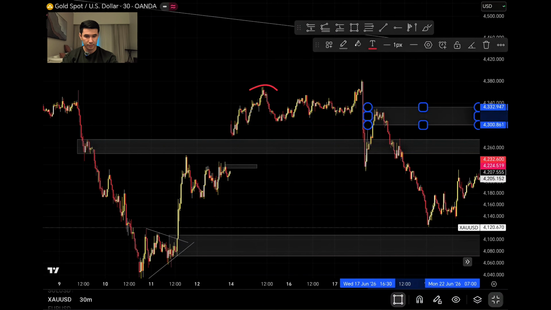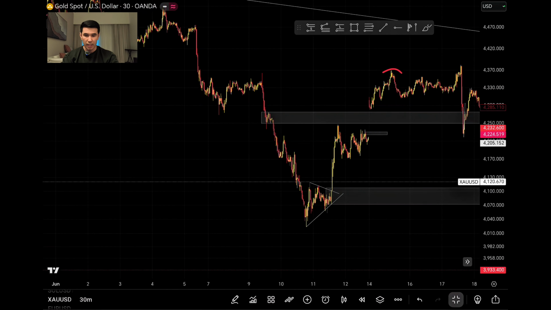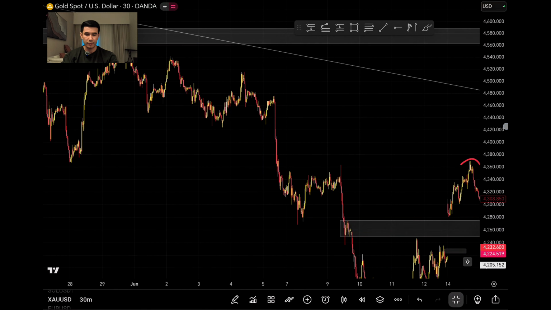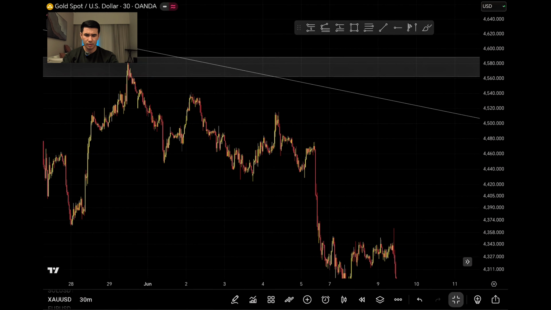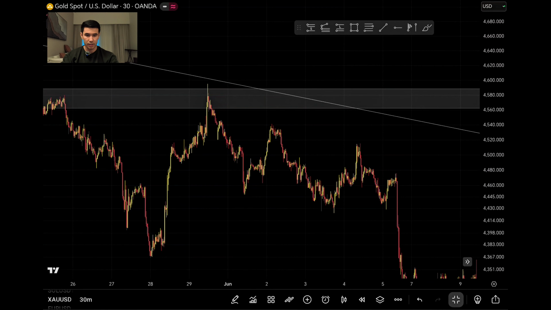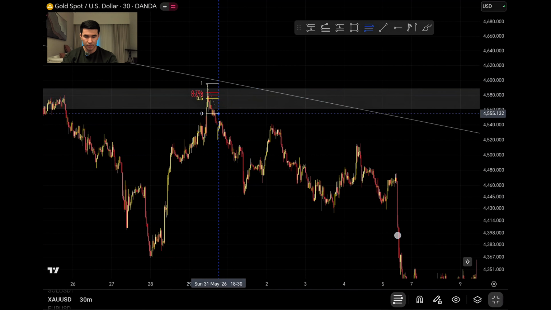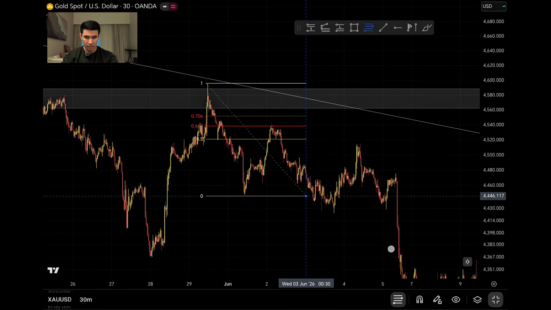So, where else can we see? It works on any time frame, 5 minutes, 10 minutes, 1 hour or half an hour, it doesn't matter. For example, here, it's the sell. We put the Fibonacci here first, and then second. You see?